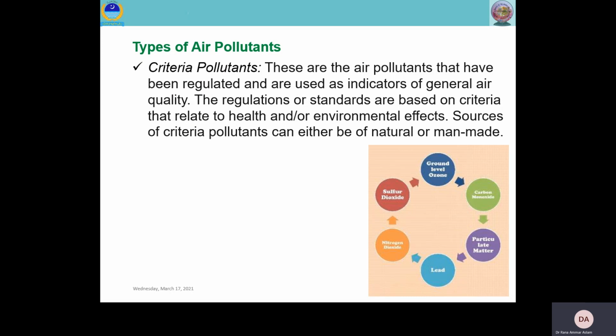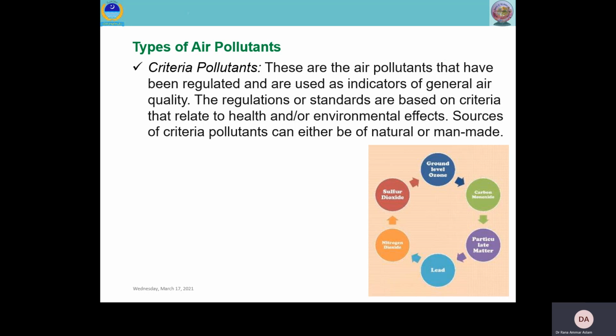Now let's come to the classification included in this slide, which is criteria pollutants. Before knowing about criteria, you need to know what major pollutants are. Major pollutants are those which are present in the air in large quantities, right?